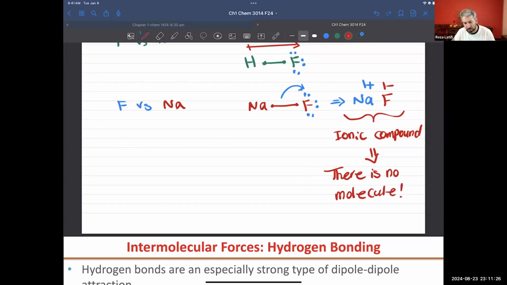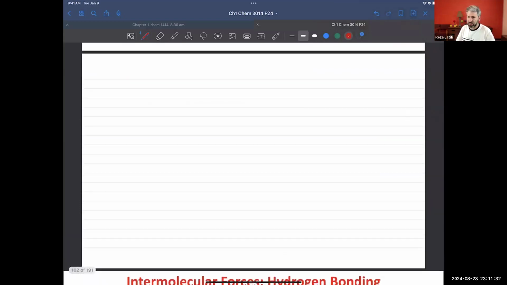And when we're talking about hydrogen bonding or dipole, we want to be sure that we have a covalent bond, a chemical bond, a technical molecule.